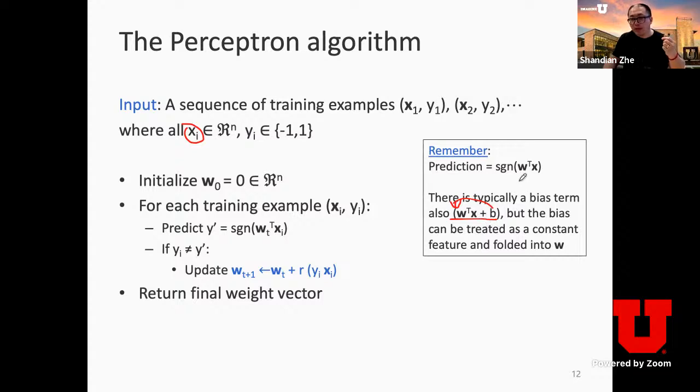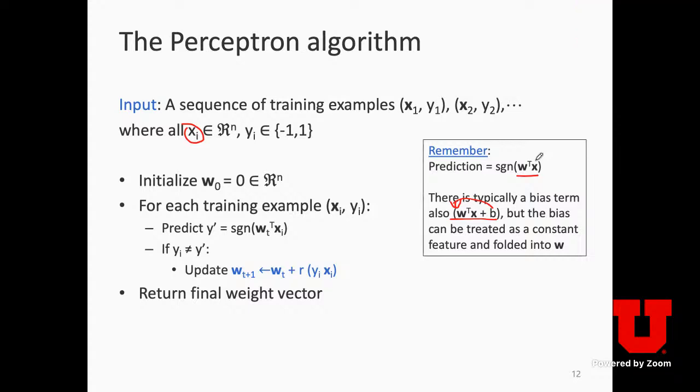With the new weight vector and feature vector, we can represent our classification function simply by one inner product, W transpose X. Remember, W includes the bias parameter B, and X includes a constant feature 1. In this way, we do not need to explicitly write out the bias parameter B, and our prediction is just the sign of this inner product.